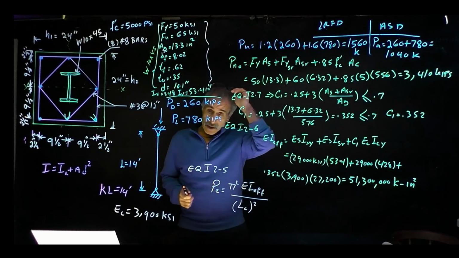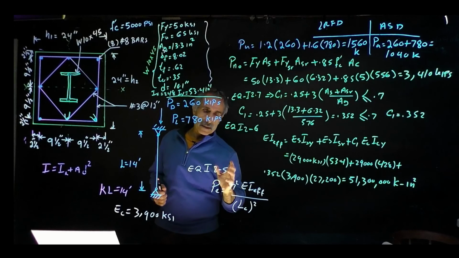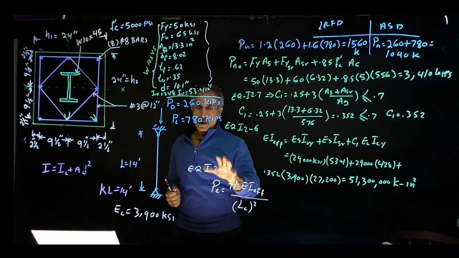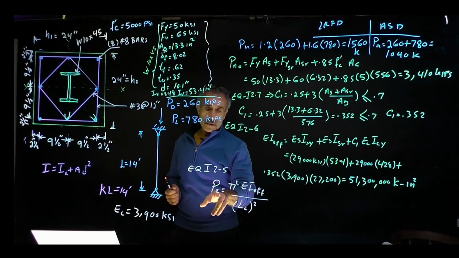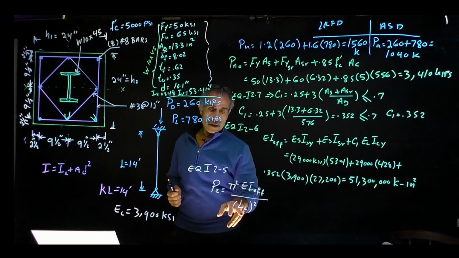So we're going to go ahead and calculate the elastic critical buckling load from this equation, which is Pe equals pi square EI effective by Lc square.